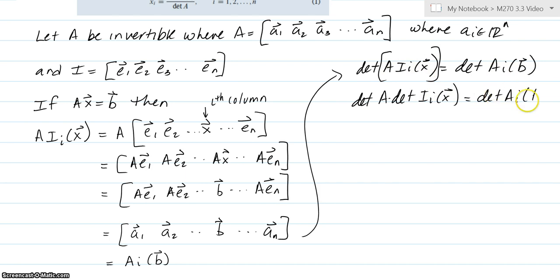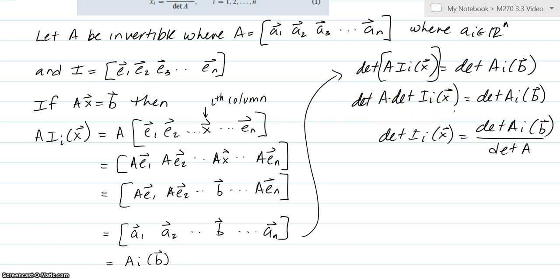And I'll just rewrite this. And then I'm going to solve for the determinant of I sub i of x. And then you can see that we almost have it. This is just going to be x sub i. And then we get our formula.